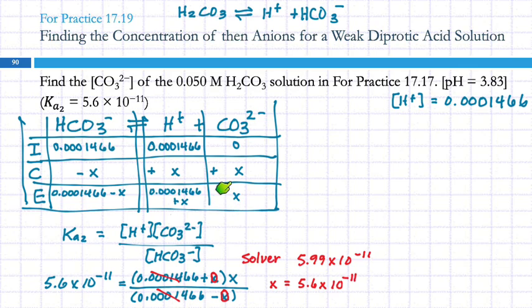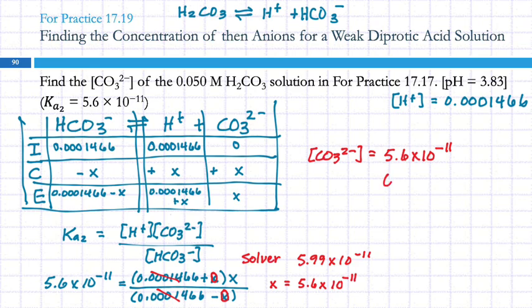But here, we're trying to find the carbonate ion concentration, which is x. So the carbonate ion concentration equals 5.6 times 10 to the minus 11.